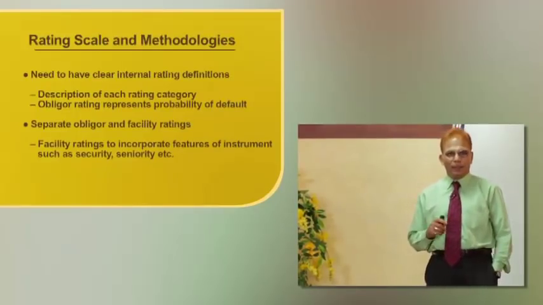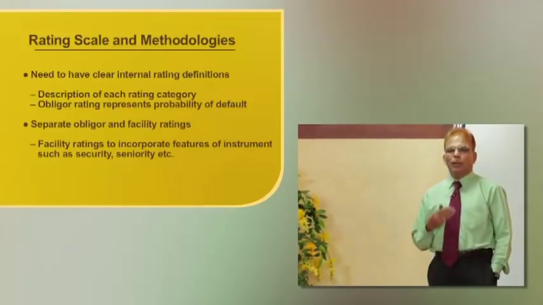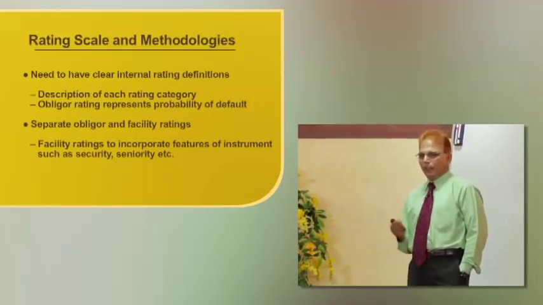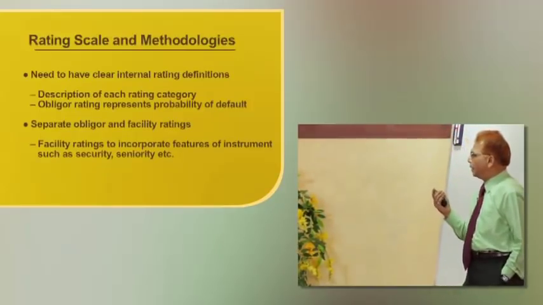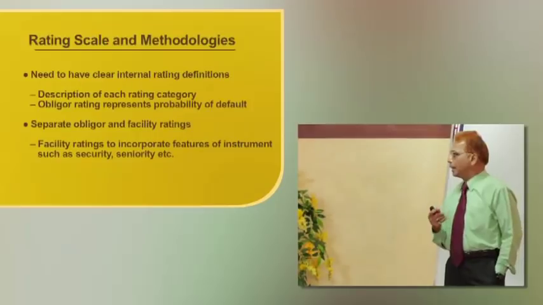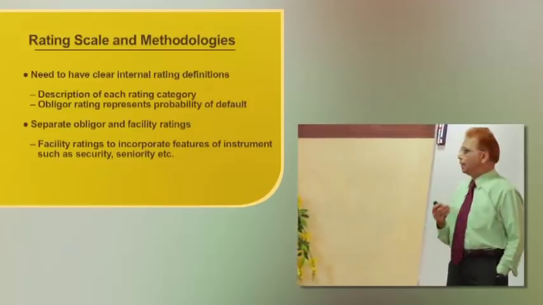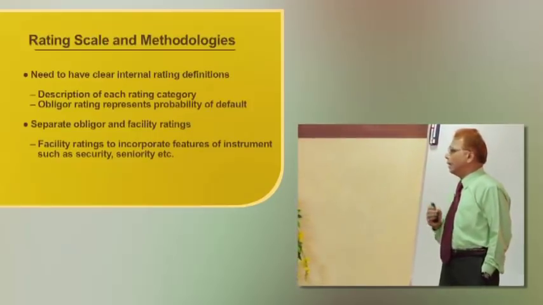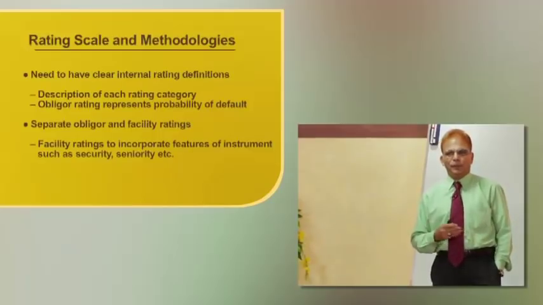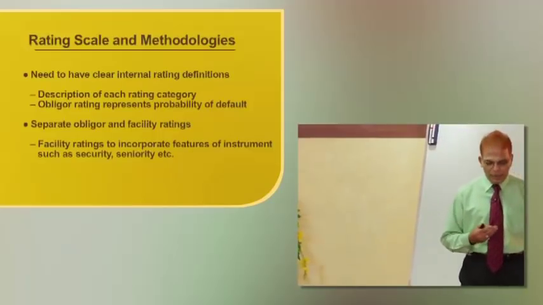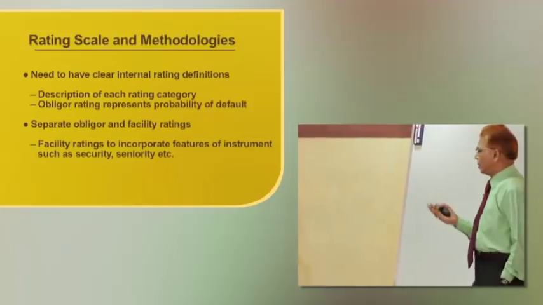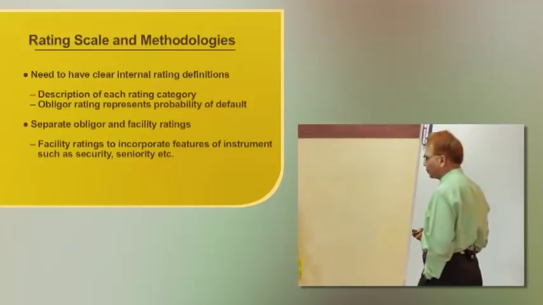If the bank says internally a customer is rated AAA, there needs to be a very clear description of each rating category and a definition of what that AAA internally means across the business lines.